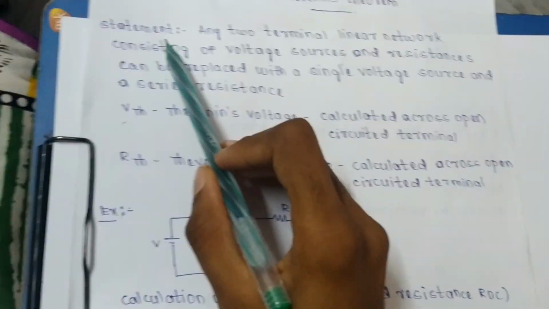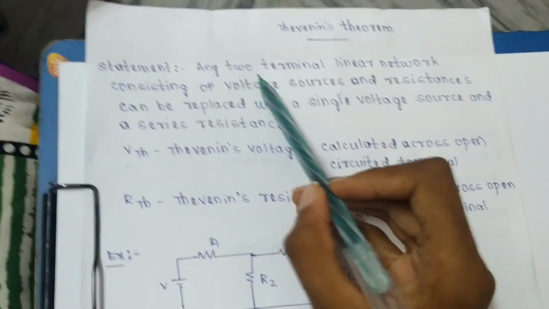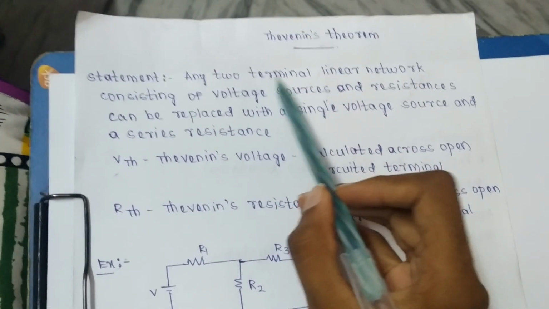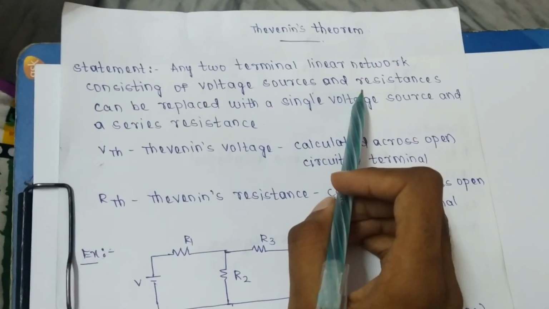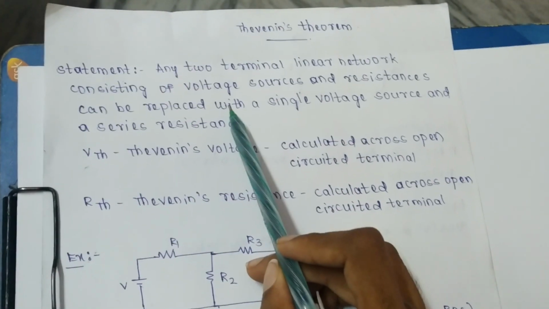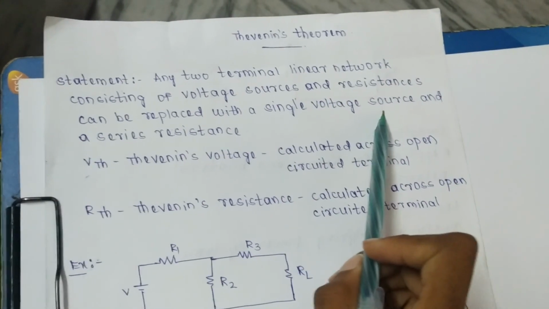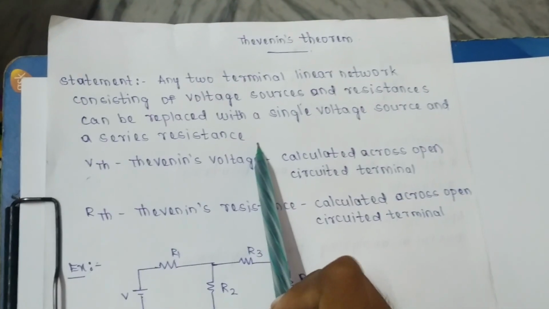If you see the statement of Thevenin's theorem, it states that any two-terminal linear network consisting of voltage sources and resistances can be replaced with a single voltage source and a series resistance.